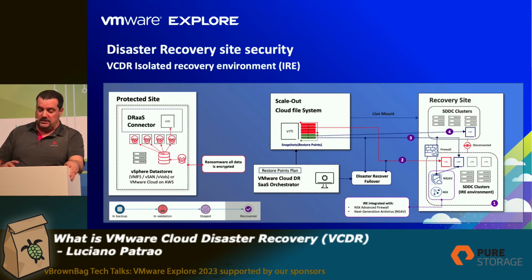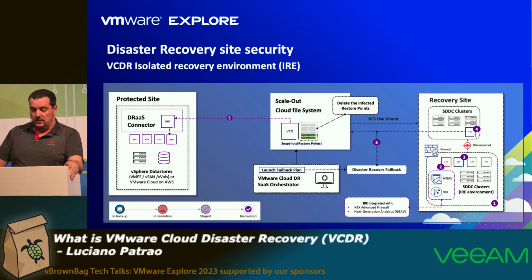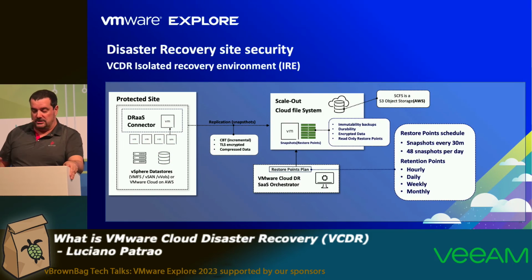You have 2 options here. You send it back to your recovery site and see if it's running and everything is okay. The other option is that you send everything back after you clean everything on your protected site. You clean all the ransomware and everything encrypted, and then you can just restore it, and everything is okay. Afterwards, you just delete everything, and you save money.